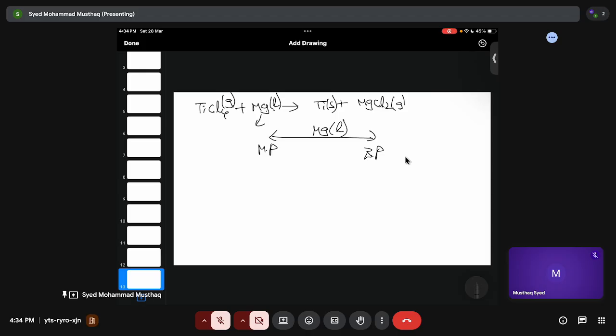Because of the density difference also, the mixing is very complicated. But for sodium this range is very small. This melting point to boiling point region is very small, so people try to avoid it and use Kroll's process rather than Hunter's process.